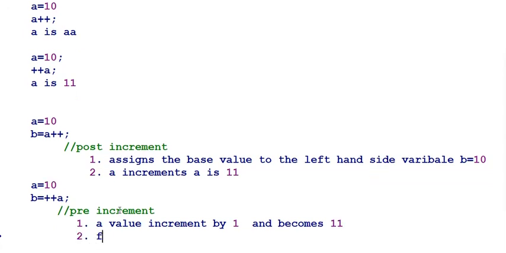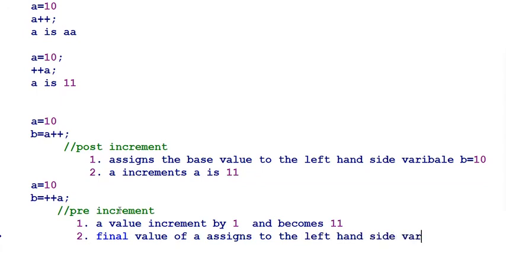Now the final value of a is assigned to the left hand side variable. This is the small difference you have to see between post increment and pre increment, and here b is also 11.